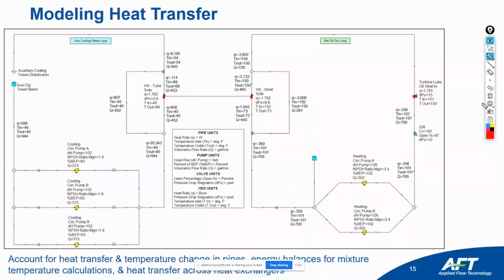And so this system just gives an example of accounting for convection through the piping system, layers of insulation. You can model the heat transfer through the heat exchangers, and it just goes to show where modeling your thermal analysis is just as important as it is for capturing all of the hydraulics.